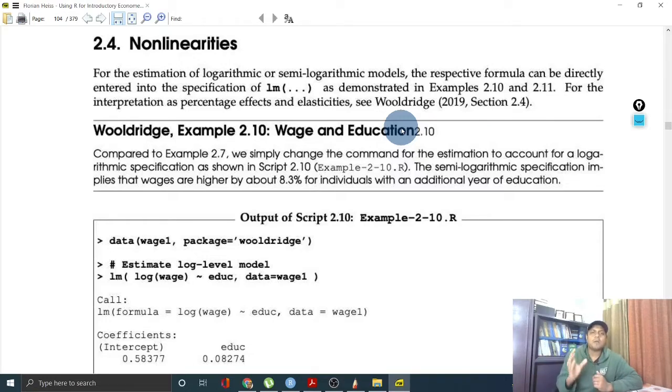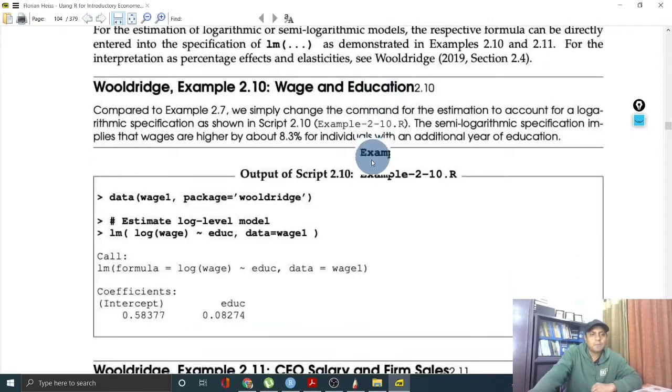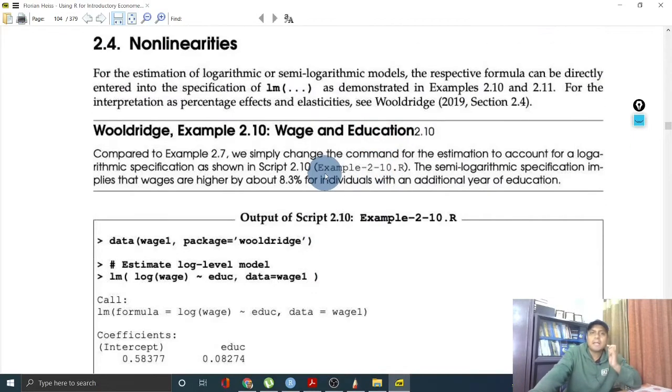In order to convert any non-linear model to a linear model, we use the log term, which we can use to make it a linear function of the model. It says that for the estimation of logarithmic or semi-logarithmic models, the respective formula can be directly entered in the specification using the lm command, or linear model function, of the R programming language.